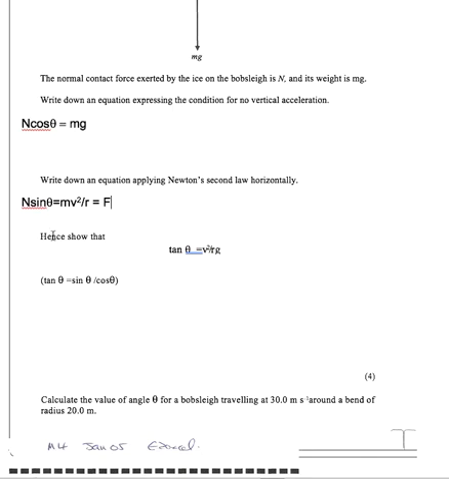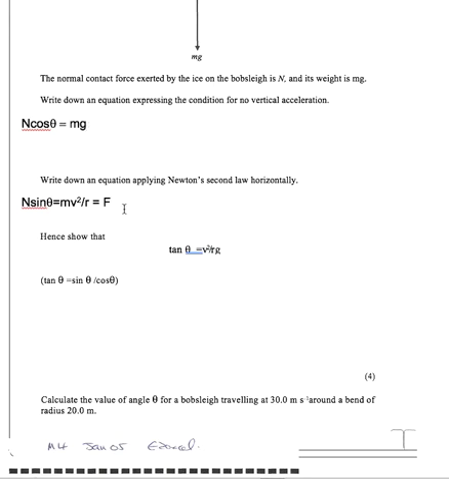Hence means on the basis of what you have done to this point, go further and show this expression. You're told that tan theta is sine theta over cos theta. So I'm going to divide this expression by that expression.